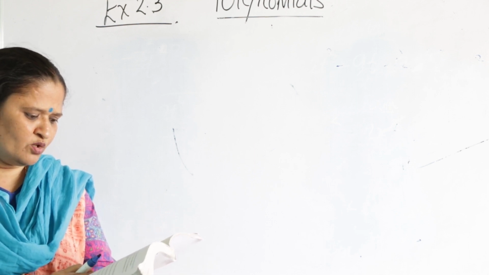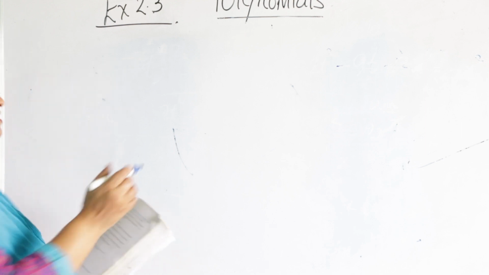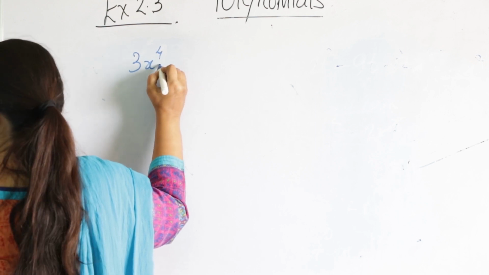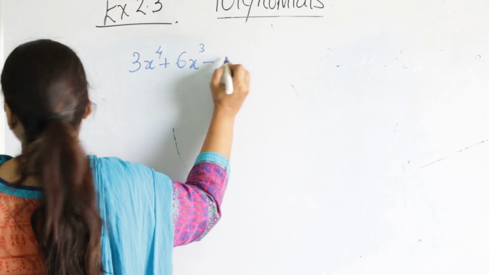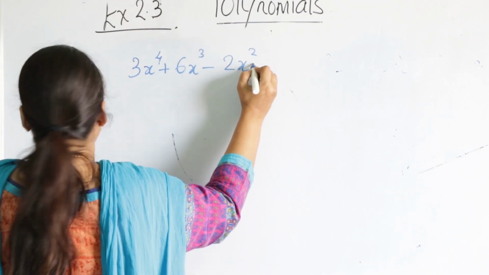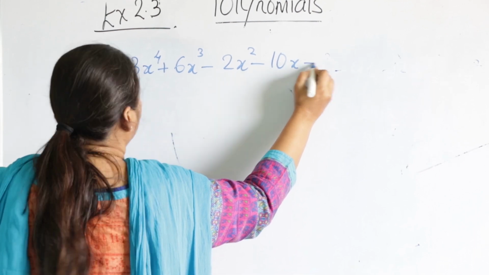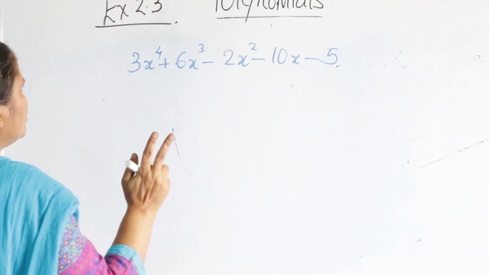It is given, obtain all the other zeros of 3x raised to 4 plus 6x cube minus 2x square minus 10x minus 5. And they have given two zeros.